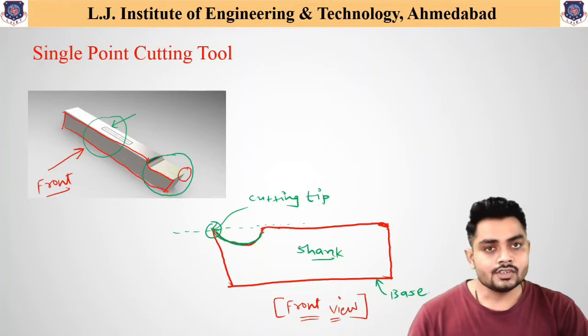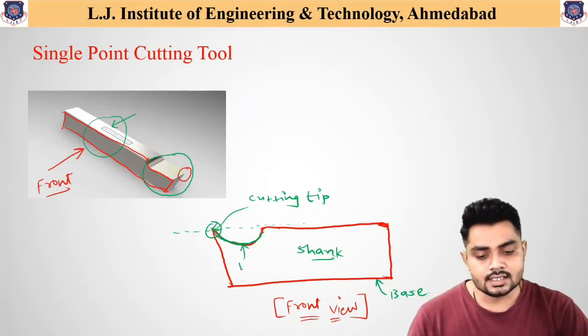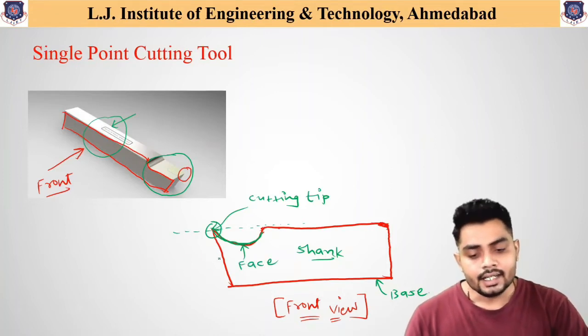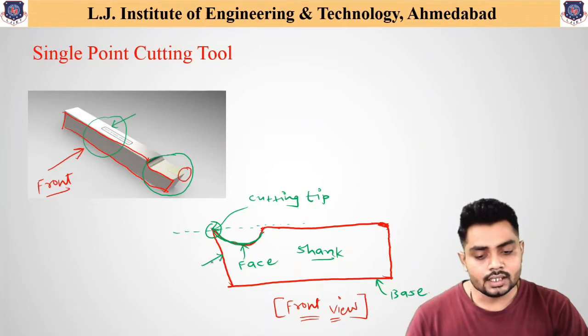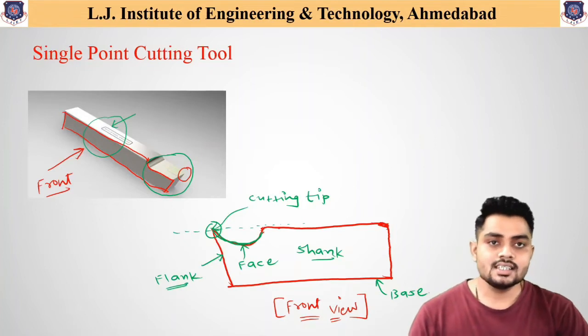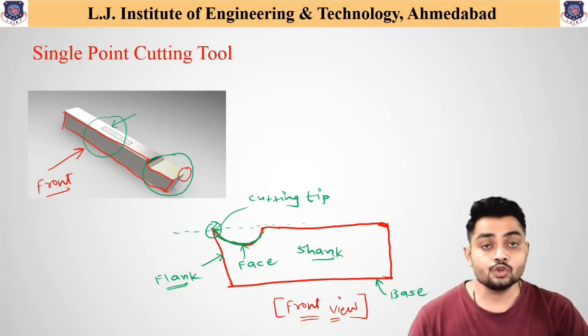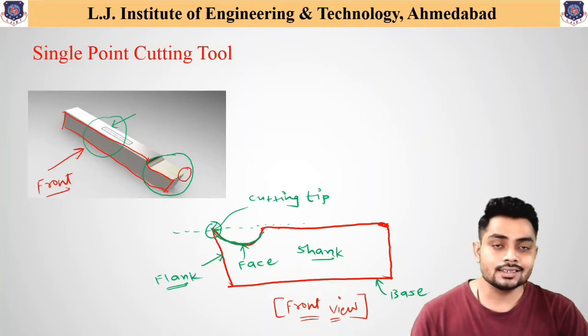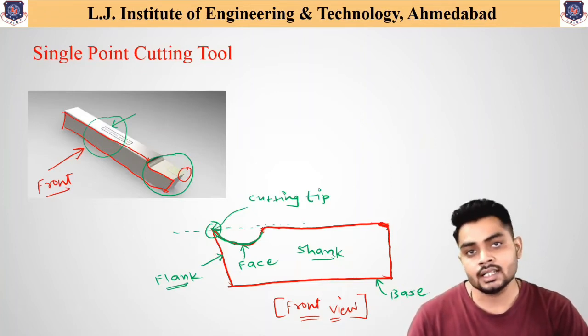So first of all, this curved line is called as the face, and another inclined line indicated over here is called as the flank. So these are the major important first basic parts to understand, to define certain important angles that are made on this single point cutting tool.